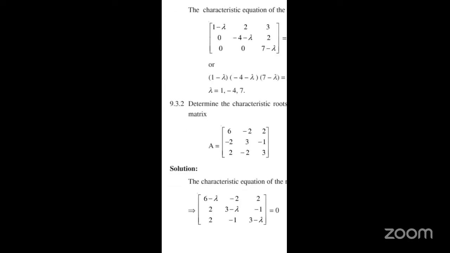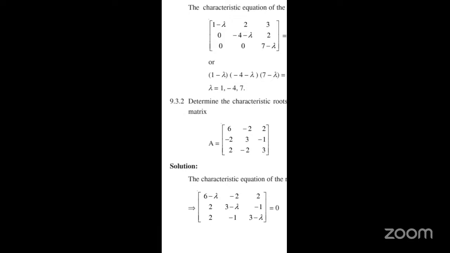Now, characteristic roots. We will practice here: capital A equal to 6, -2, 2, and -2, and so on. This is a 3 by 3 matrix.